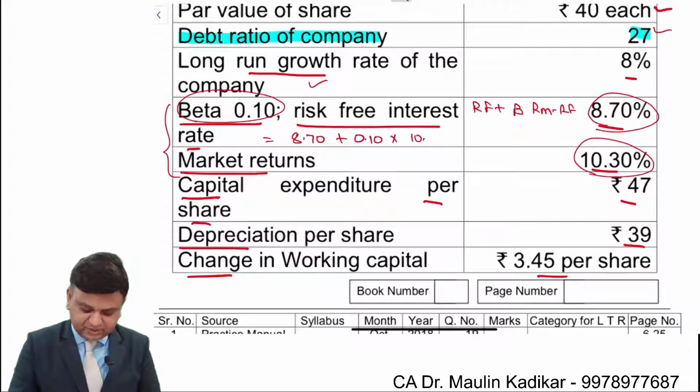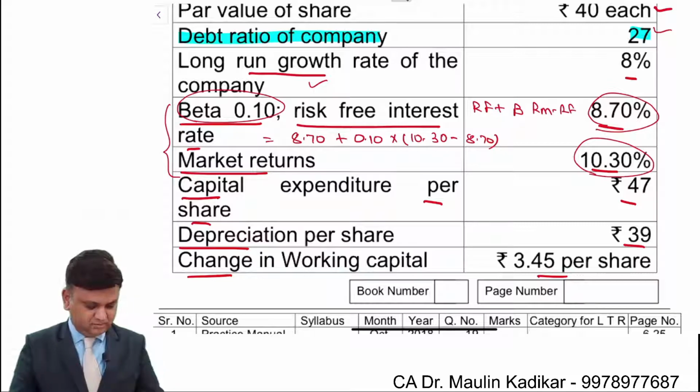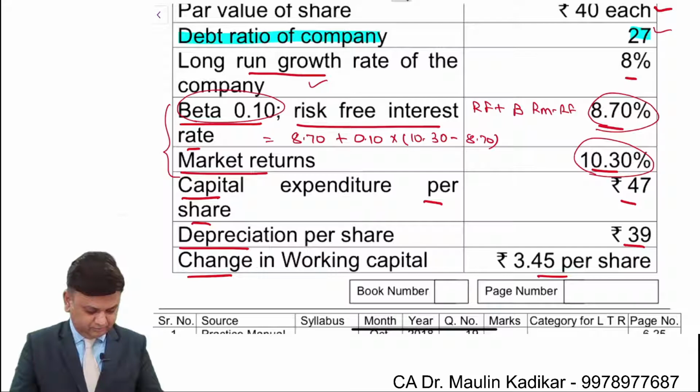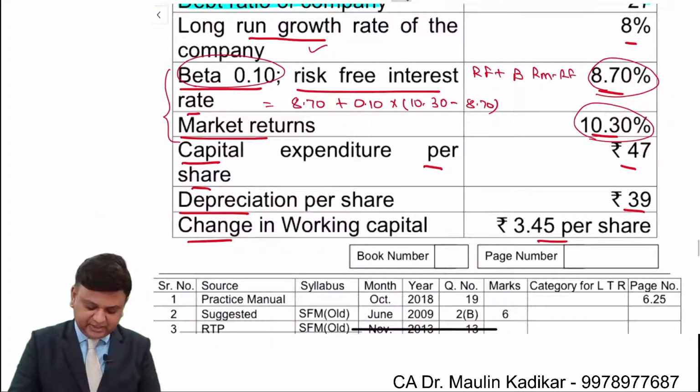RM minus RF, so 10.3 minus 8.7. Don't write anything, let me explain to you. 10.3 minus 8.7 is 1.6, into 0.1 is 0.16, plus 8.7. So it is 8.86.